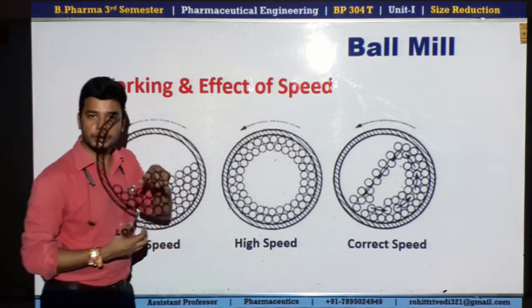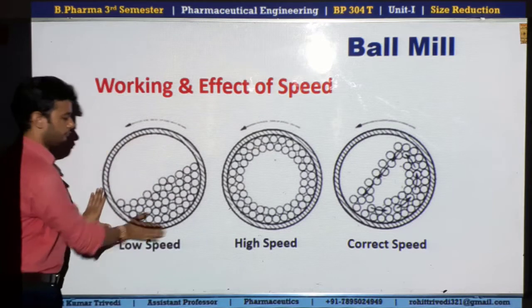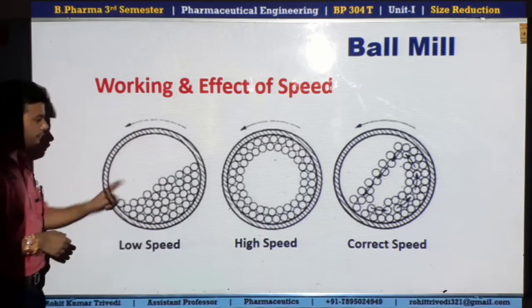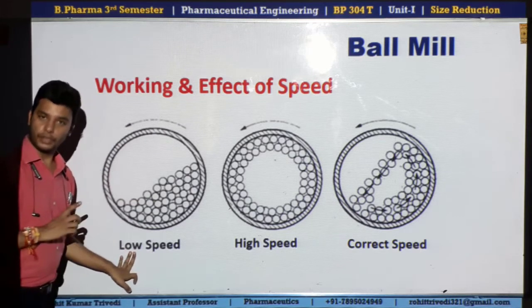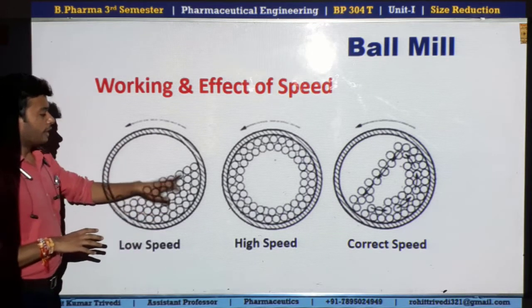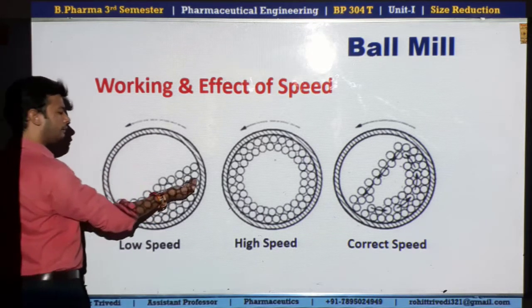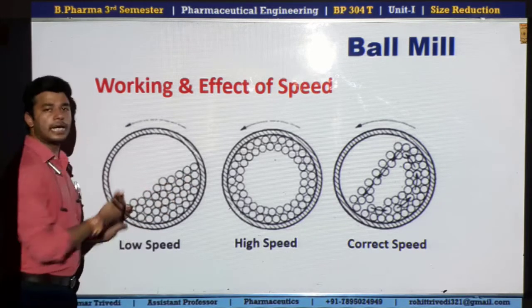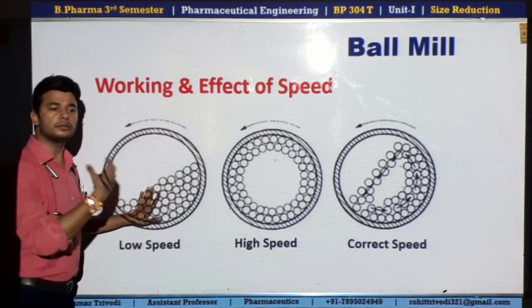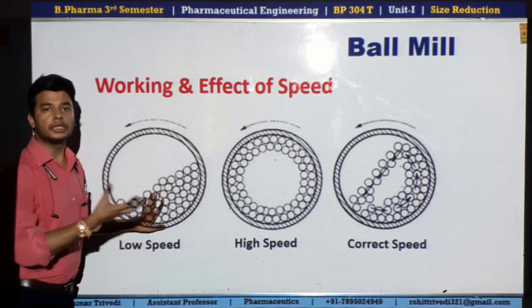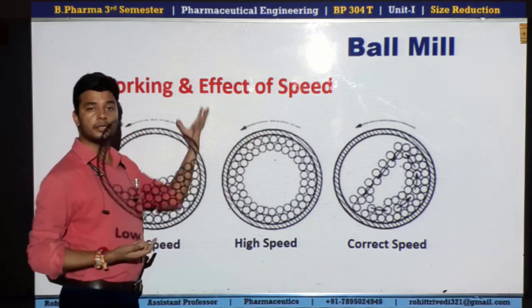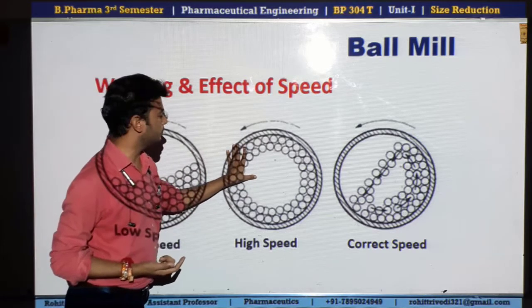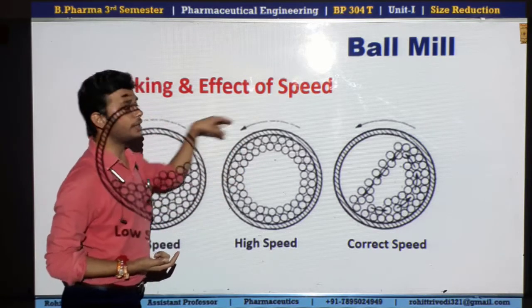Now let's discuss the effect of speed. In the very first example, we are rotating this cylinder at a low speed. What will happen? The material will not have that impact, due to which the balls will not be able to reduce the particle size. In the next step, what if we increase the speed of the ball mill to a very high speed?